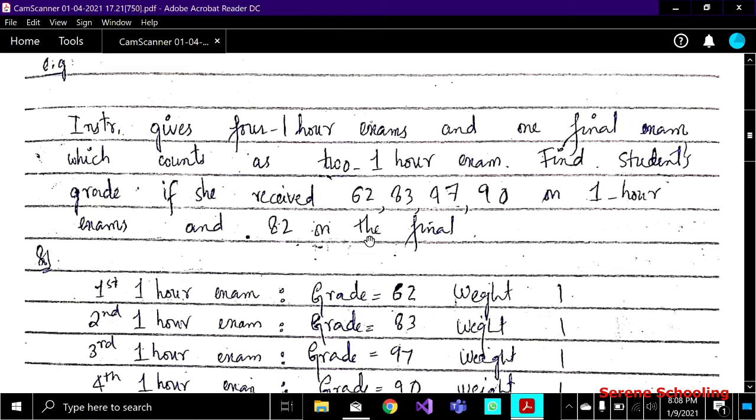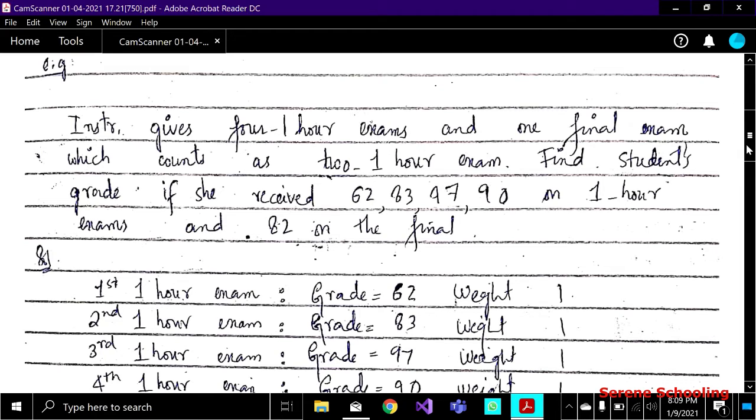If you concentrate, we are not directly told to find the weighted average, we are just told to find the student's grade. But if you see carefully, some weightage is given to the scores. How? See here, the instructor gives 4 1-hour exams.